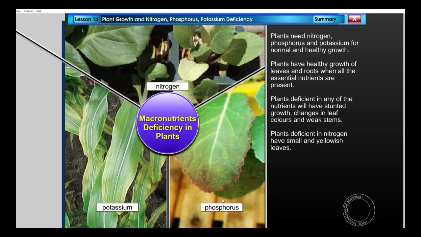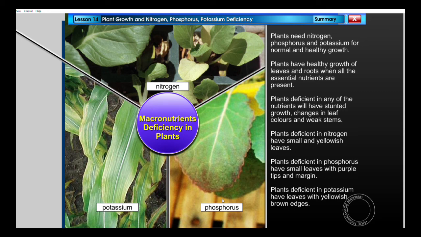Plants deficient in nitrogen have small and yellowish leaves. Plants deficient in phosphorus have small leaves with purple tips and margins. Plants deficient in potassium have leaves with yellowish-brown edges.